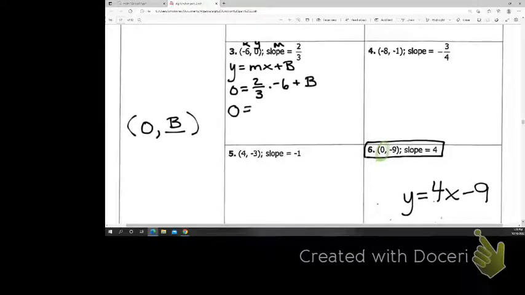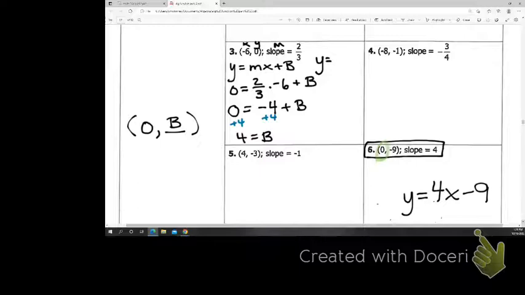So 2/3 times -6. That means I'm multiplying 2 times -6 and I'm dividing it by 3. So that gives me -4 plus b. I need to get b by itself, so I'll add 4. Or you might be able to just see it since it's just one step. But b is 4.